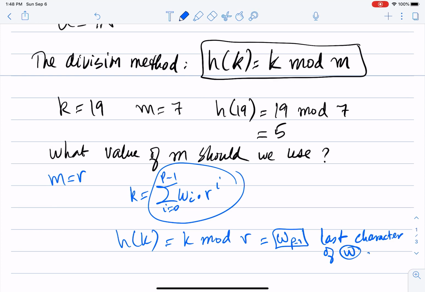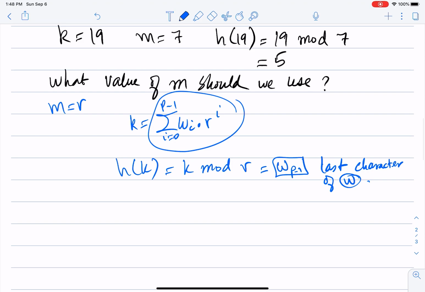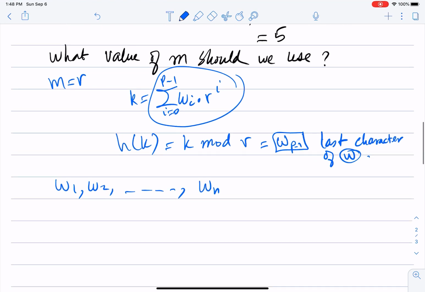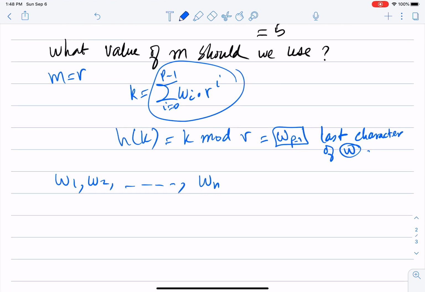And is this good or bad? Imagine you give me a set of words, W1, W2, all the way to WN. These are the keys that we want to hash. And I will hash every word to a key whose value is the very last character in it, because remember, these words are made of ASCII codes between 0 and 127.